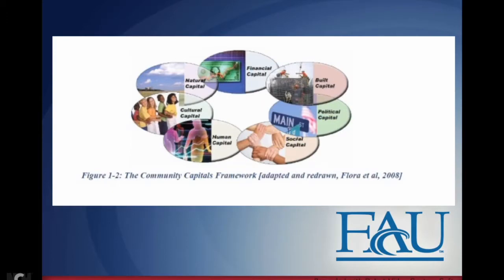Figure 1.2 in the NIST report talks about the community capitals framework. Basically, a community is comprised of multiple capitals, which is what they call. There's financial capital, built capital, political capital, social capital, human capital, cultural capital, and natural capital.